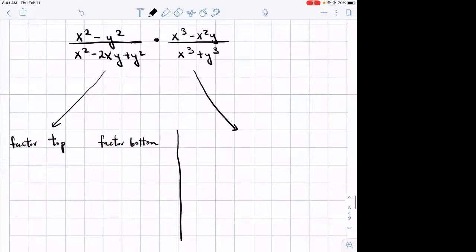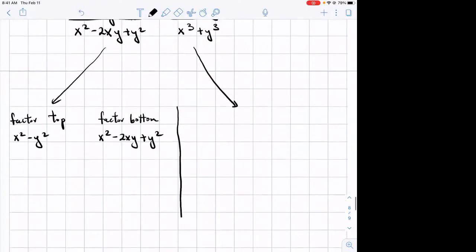So the top is x squared minus y squared. The bottom is x squared minus 2xy plus y squared. So let's see if we can factor this. Well, this here is a difference of squares, so this becomes x minus y times x plus y.